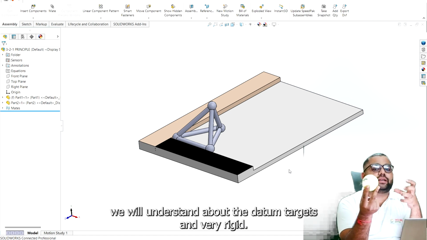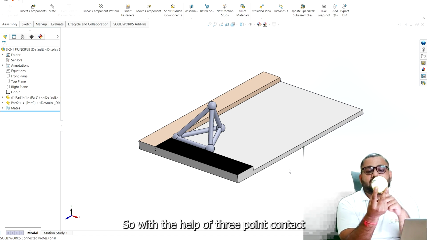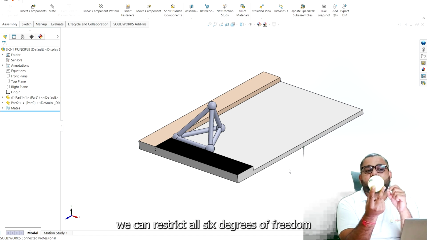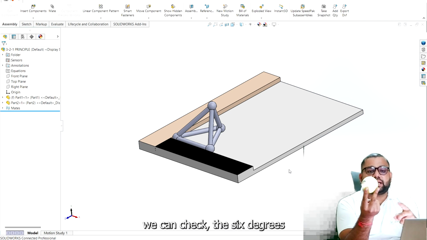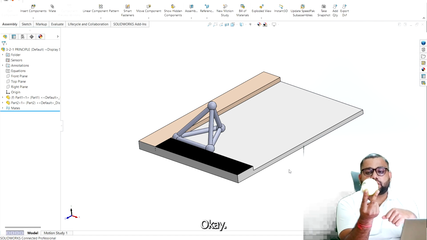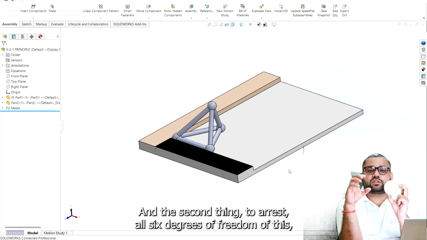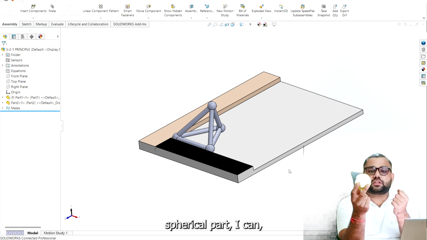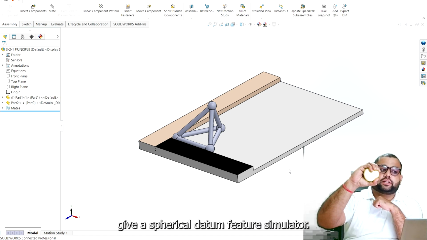we will understand about the datum targets in very detail in the coming section. So if we give the datum targets, with the help of 3-point contact, we can restrict all 6 degrees of freedom. And the second thing, to arrest all 6 degrees of freedom of this spherical part, I can give a spherical datum feature simulator.